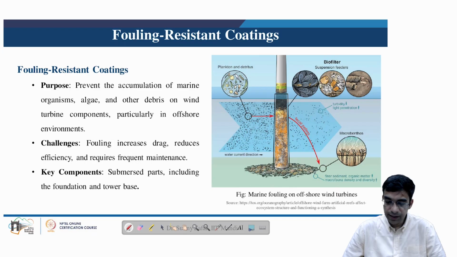So here we can see the phenomena of marine fouling in an offshore wind turbine, where several marine life like planktons or algae are growing on the surface of the tower, which leads to degradation of the material as the algae grows or the microorganisms gather on these regions.